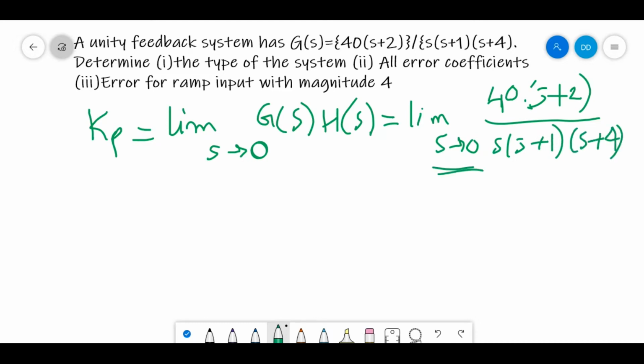Substituting the limit S tends to 0, we get Kp as infinity. So the position error constant is infinity.